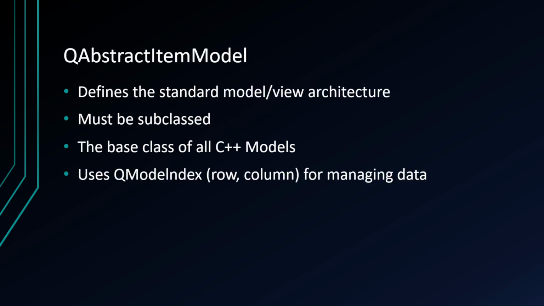Before we start, let's discuss two very important classes we will use to create a model: QAbstractItemModel and QAbstractListModel. QAbstractItemModel is an abstract class that defines the standard way components work with each other in model view architecture.